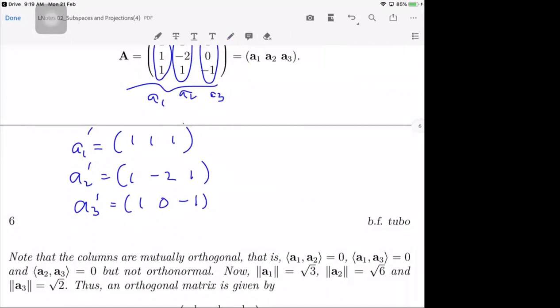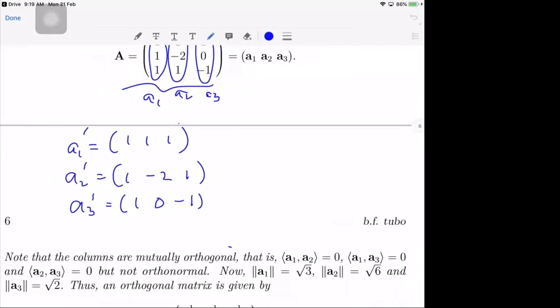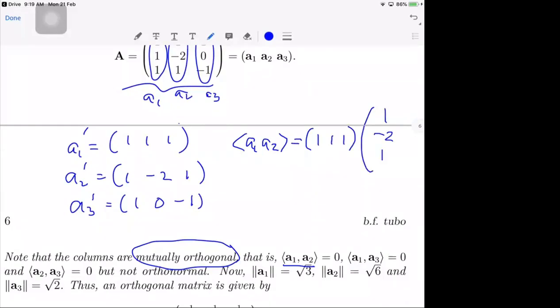So we will try to check if this is an orthogonal matrix. According to this, the columns are mutually orthogonal. So the inner product of A1 and A2, which is equal to 1, 1, 1 and A2 is 1, negative 2, 1.